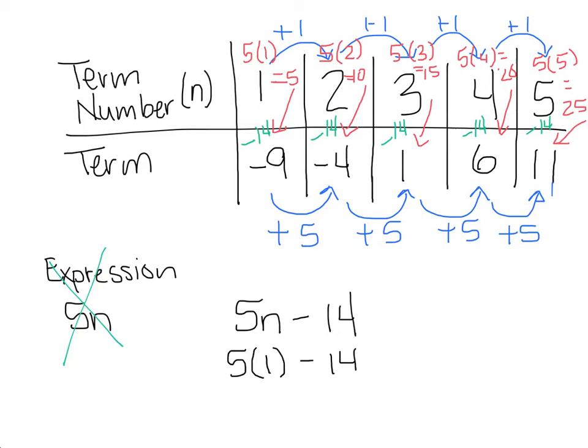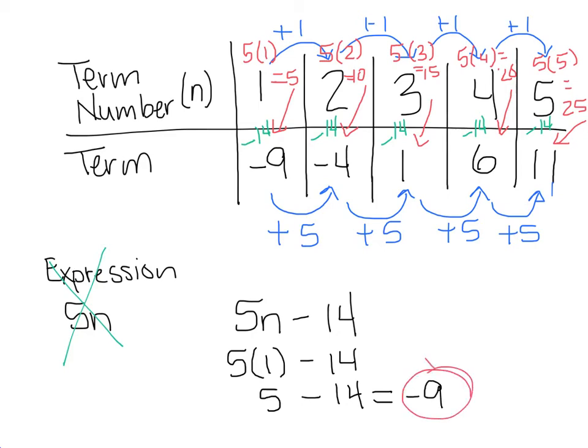5 times 1 is 5 minus 14. Different signs, we subtract these numbers. Ooh, excuse me. That should not be a 19. That should be a 14. My mistake there. 5 minus 14. That should give me negative 9.